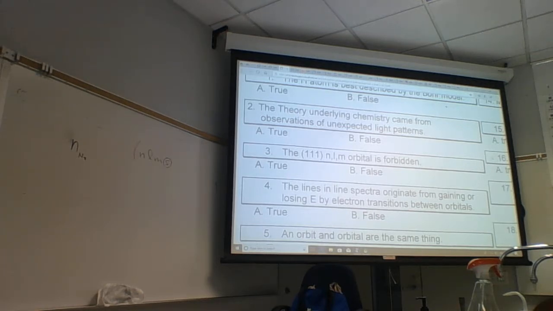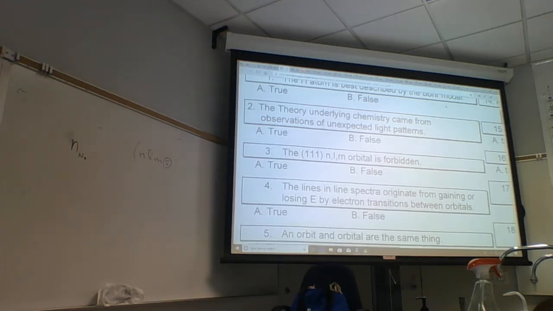What are the possible values for n? 1 through 7. So if I said an n of 50, is that allowed or forbidden? It's allowed. It's infinite, right?